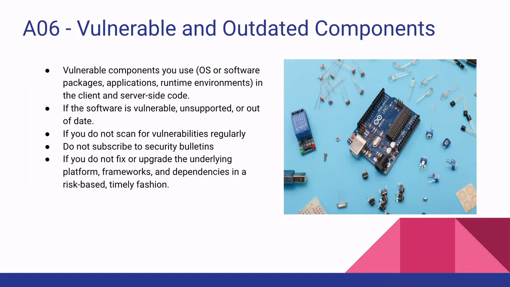Another thing is, your organization also needs to scan for vulnerabilities. What I mean by scanning is there are different things like web application scanning, infrastructure scanning, and container scanning. There are different tools available, free open source tools as well as commercial tools, which will help you identify these vulnerabilities.